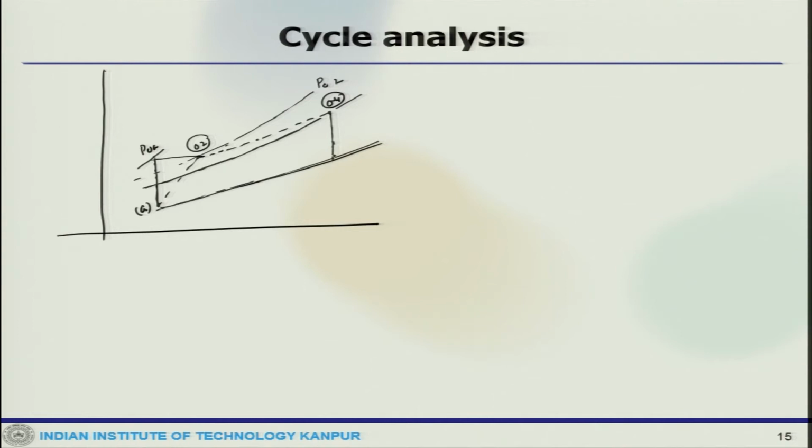So, it comes here, and so this is P6, this is 0.6, and this is P naught 6.